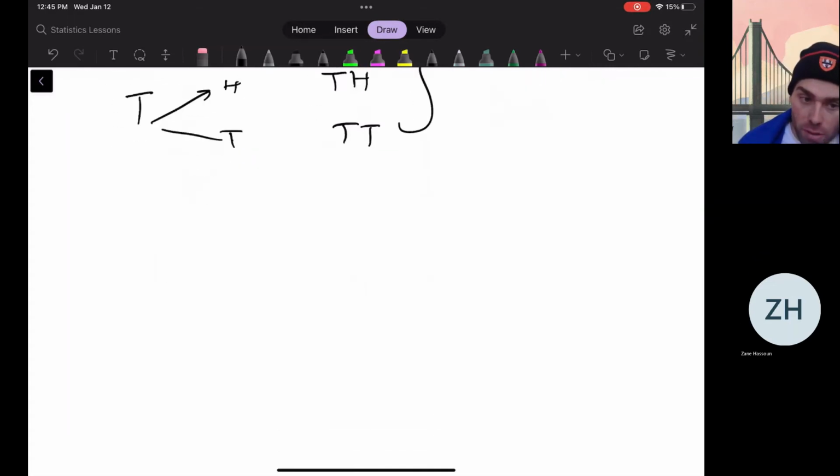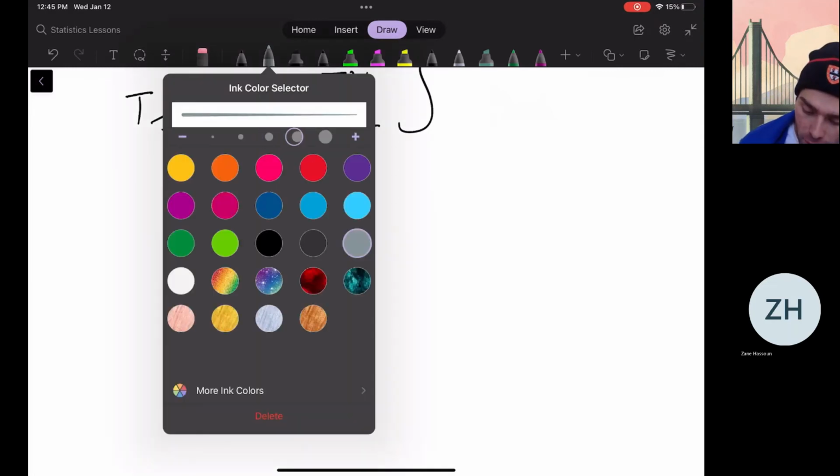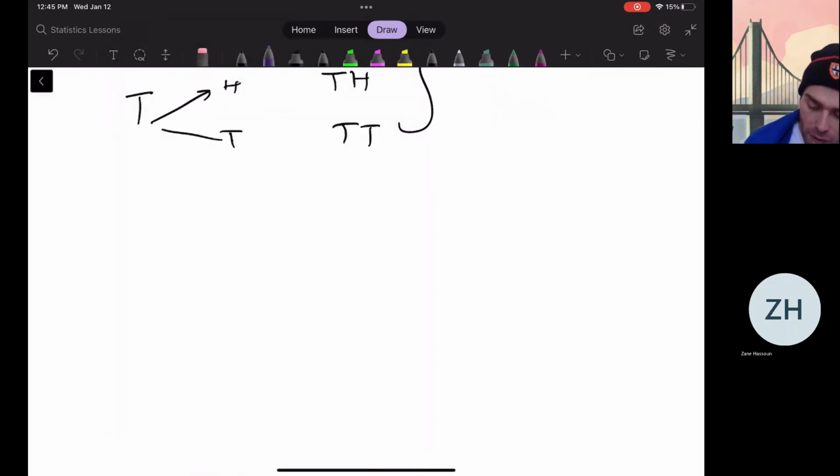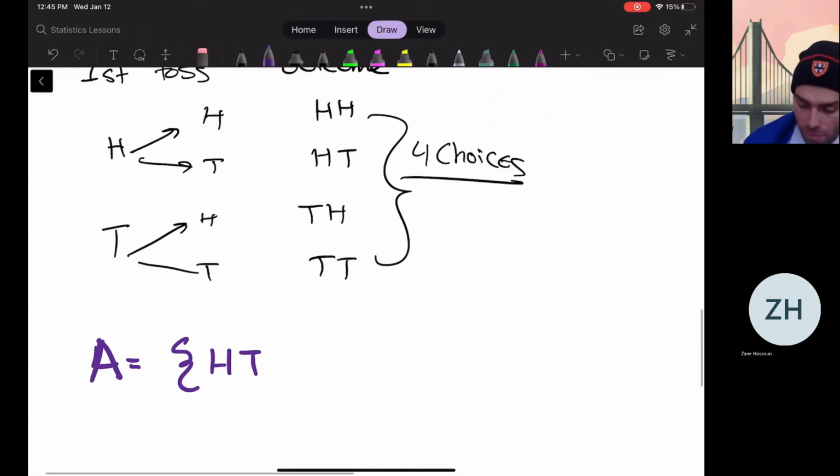For example, let's define A as HT from over here and TT here.